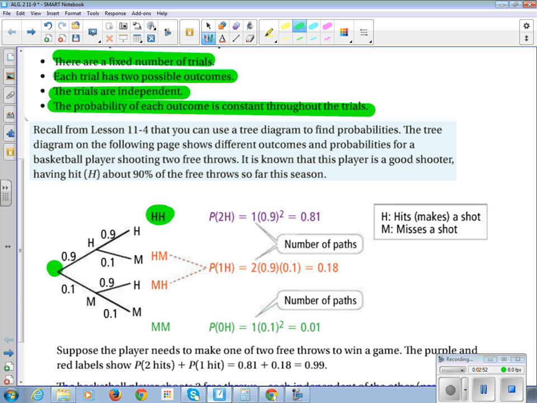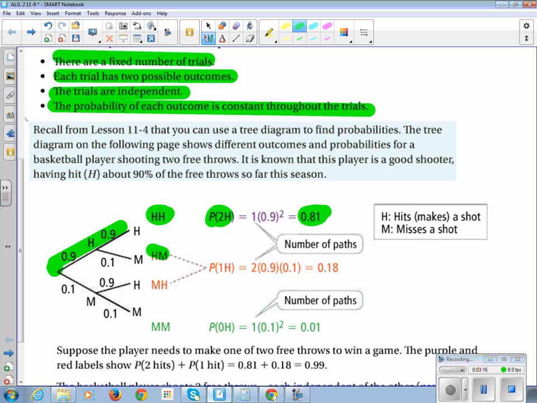The probability that she hits it twice is 0.9 squared. So you just go along this branch, 0.9 times 0.9, which is 0.81. So that's how we use the tree diagram to find probabilities.